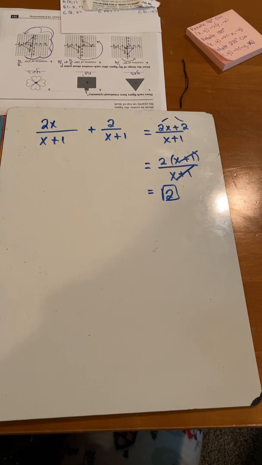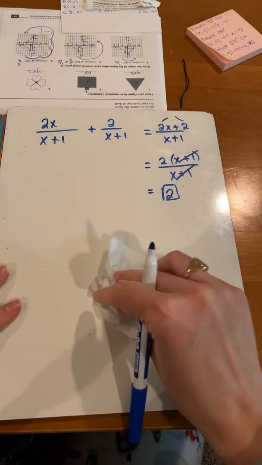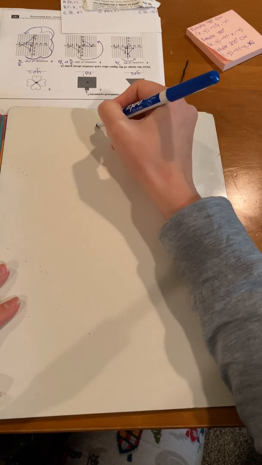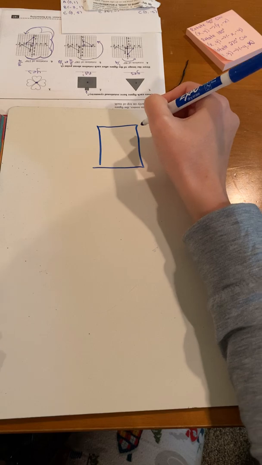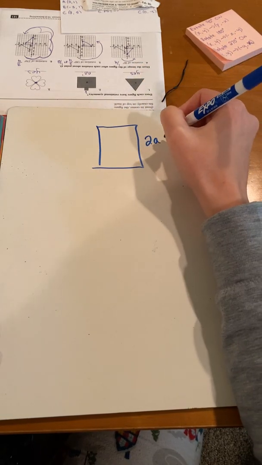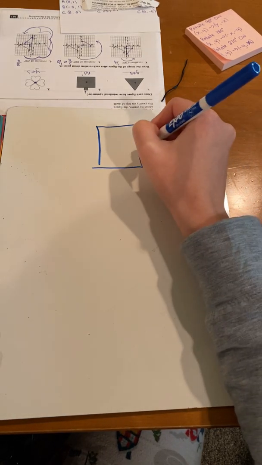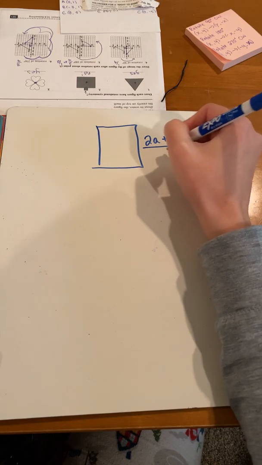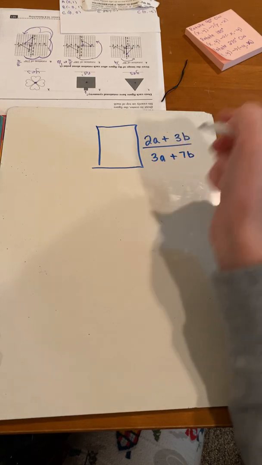All right, example 3. Find the perimeter. Geometry. Find the expression for the perimeter of the following rectangle. So they're going to give us a rectangle with some missing pieces, but that's okay. We have a side length of 2a plus 3b all over 3a plus 7b.